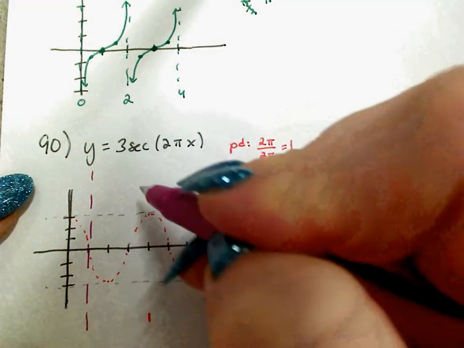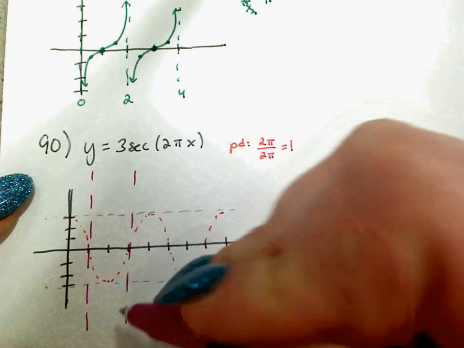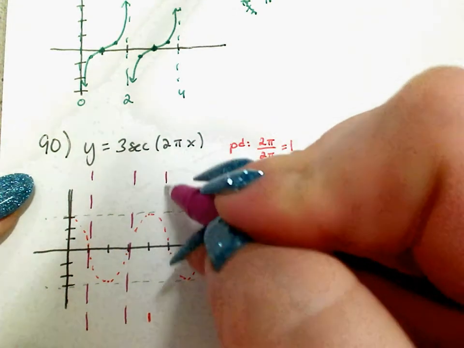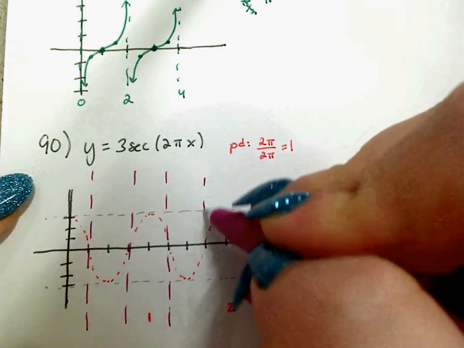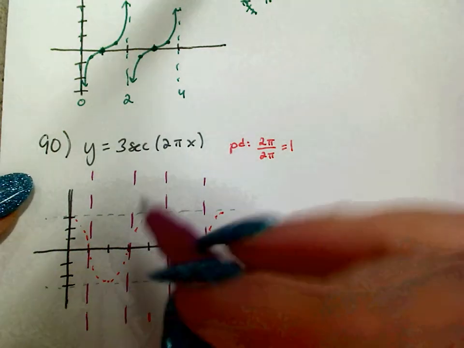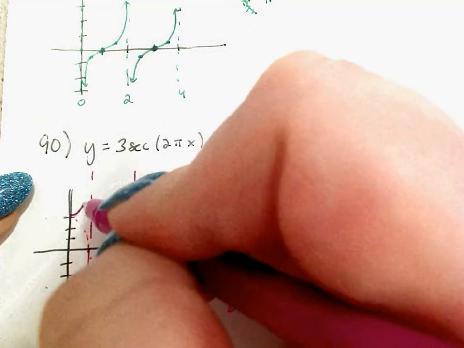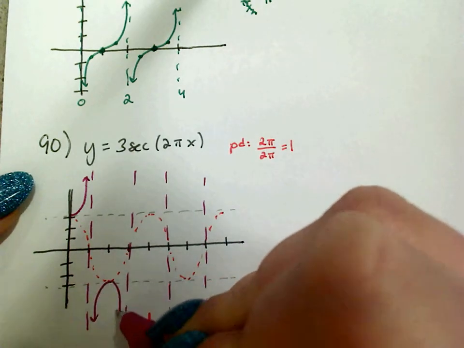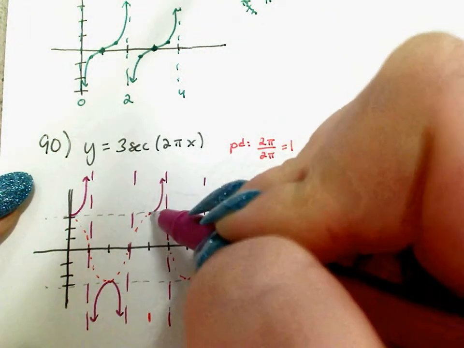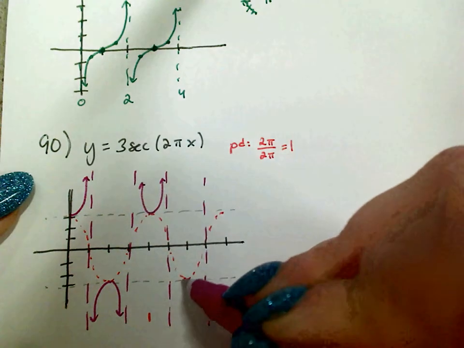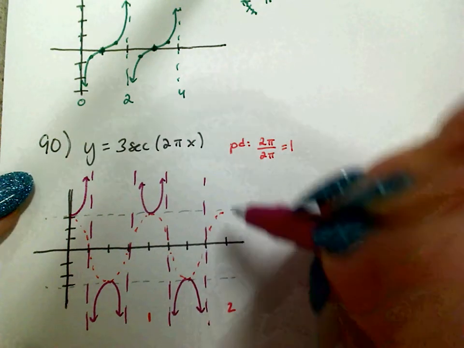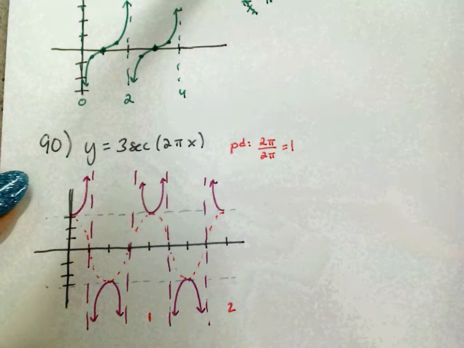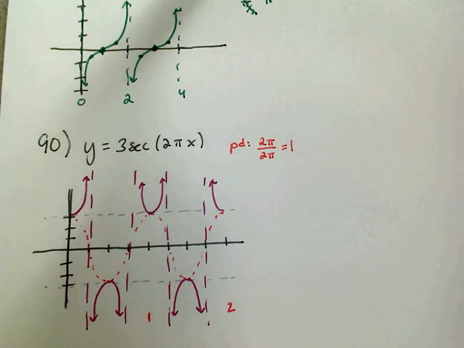So we've got it at 1/4, 3/4, 5/4, and 7/4. And then anytime cosine has a max, secant has a min, and vice versa. So my secant wave is actually this up here, and this down here. And because I know that's 2 full cosine waves, that is 2 full secant waves. Okay?